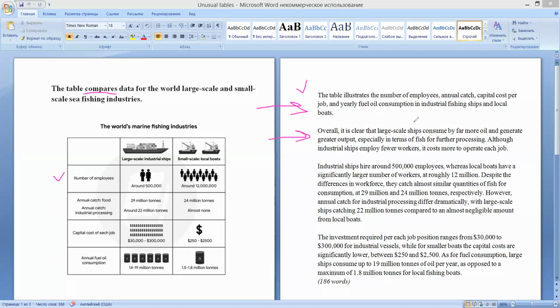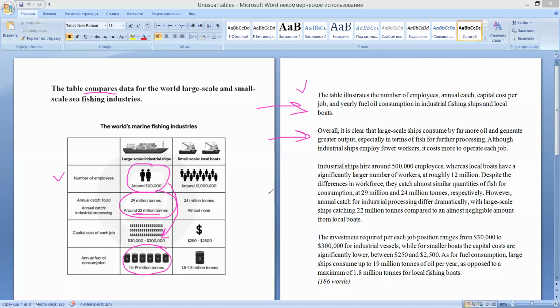Overall, it's clear that large-scale ships consume more oil and generate greater output, especially in terms of fish for processing. Although industrial ships employ fewer workers, it costs more to operate each job. Done? Done. It's so easy.